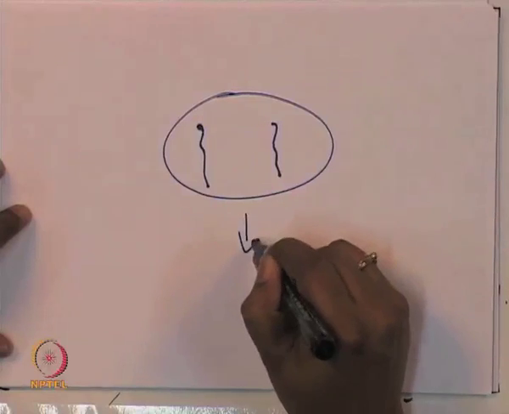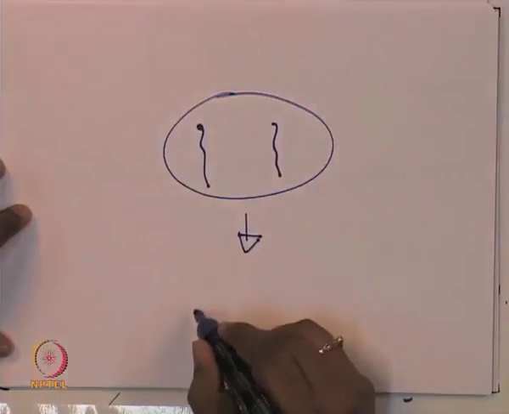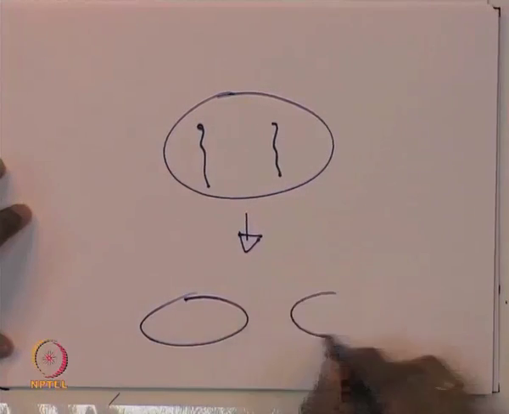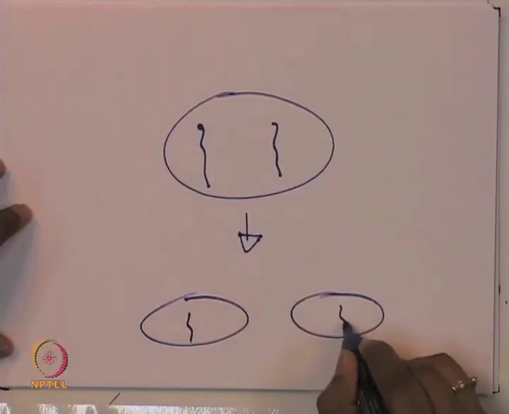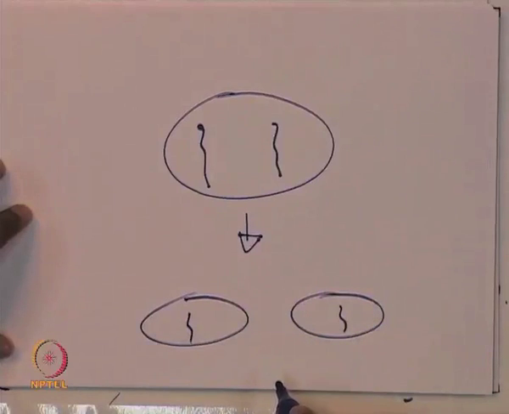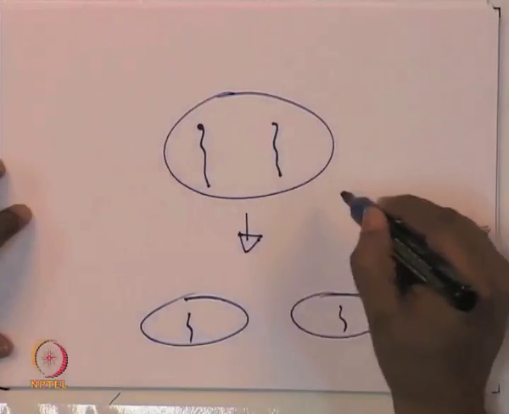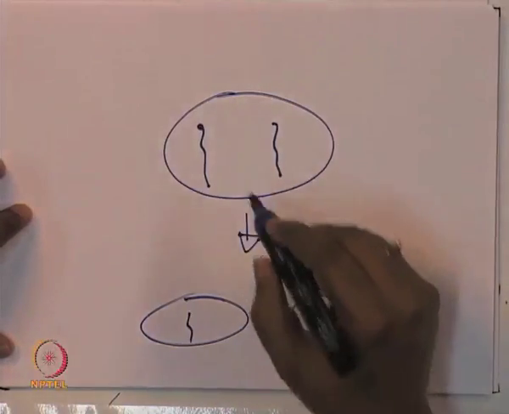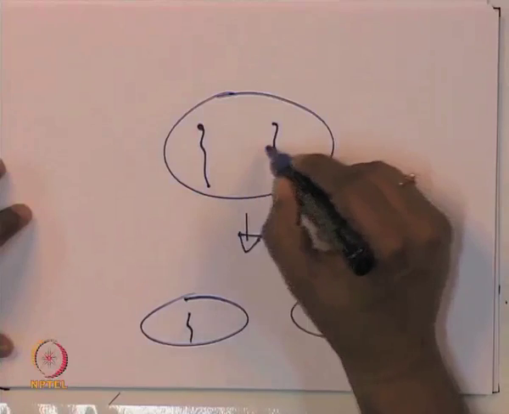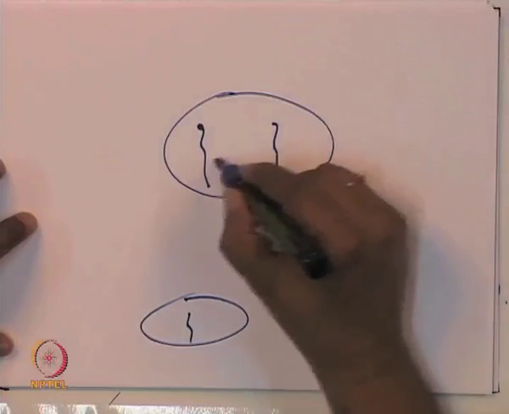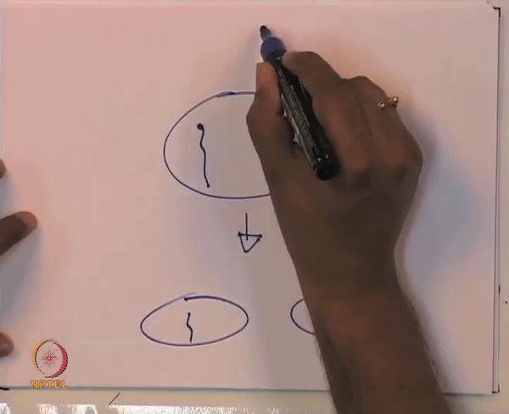What we want is 2 cells with these chromosomes like this. This is what essentially happens, but for the chromosomes to reach these 2 parts of the cell.